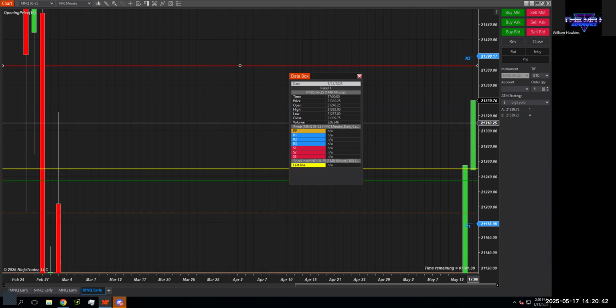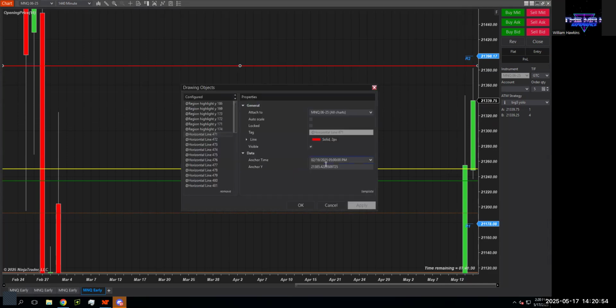And if you want to mark the high, you want to make sure you're right on point. So the high of the candle for the day is 21383. So you want to make sure it's 21383. 2138 and change that to a 3. 21383.